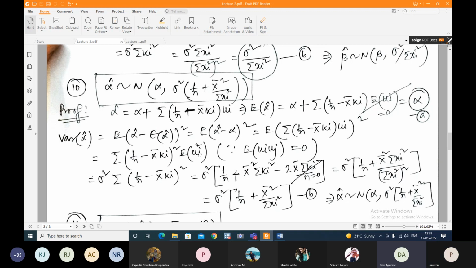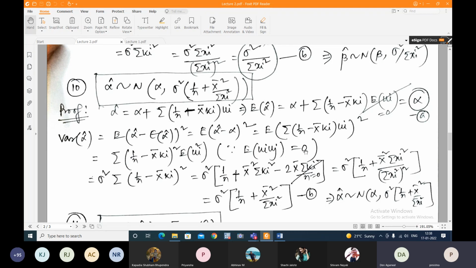Right? And the cross product term we are not writing here. That is, say i and j, because we know expectation of ui and uj is equal to 0. So that we are not writing, just to make it simple.